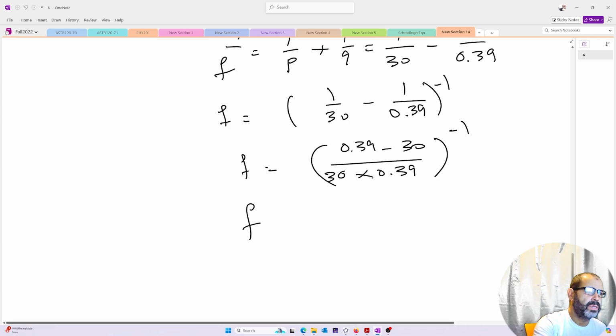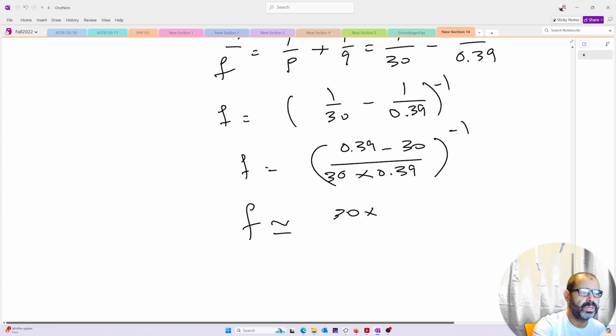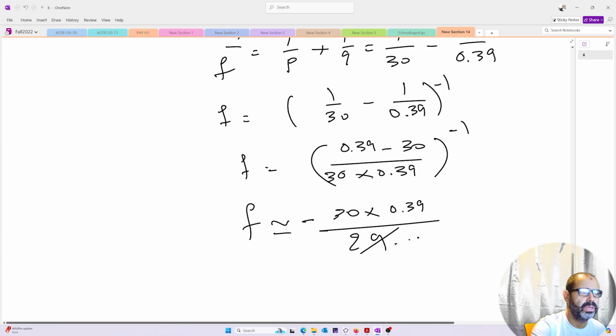So here is the expression in here. It's roughly, I'm going to put it roughly in here. Of course, if I'm doing this for an exam, I have to really be precise. So this is 30 times 0.39, and this is roughly 30 because 30 is subtracted with a negative sign, of course. You subtract from it 0.39, so it's going to be 29 and some change. This and this roughly cancel, so the answer is going to be very close to 0.39. Not exactly, but very close to it, okay? Very close.